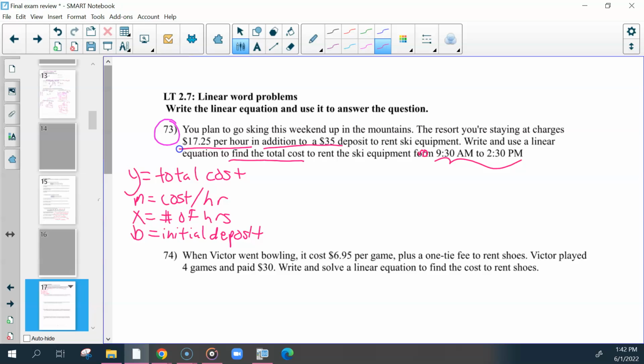So once we have all of those things, we can start filling in numbers. So y is what we don't know, the total cost, so that's going to stay y. m, our cost per hour, would be 17.25. x, the number of hours, we have to count how many hours this has been, so 5.